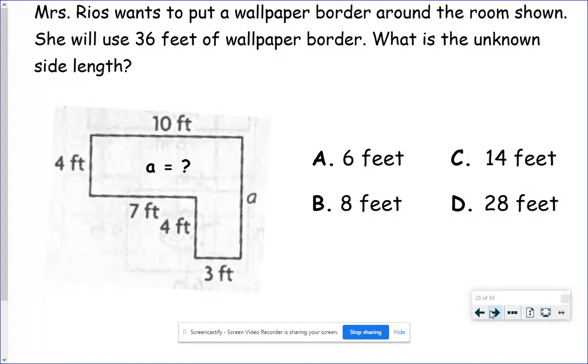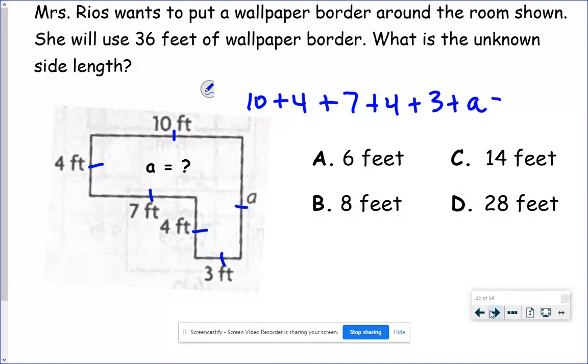If you'll pause the video and read this problem and get the answer, check back with me. If we add all the sides, 10 plus 4 plus 7 plus 4 plus 3 plus 8. Instead of the question mark, we're going to put 8 right there. And the total is 36.